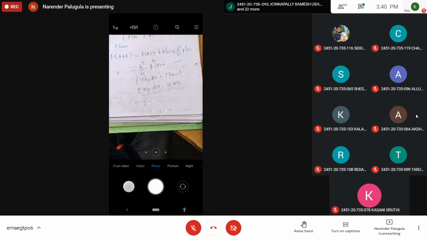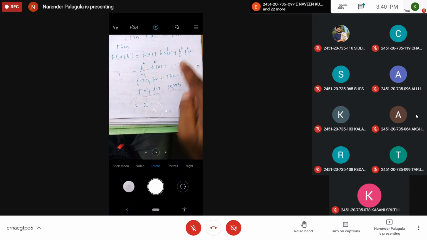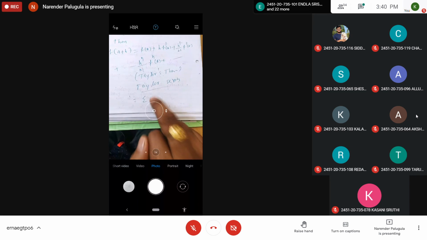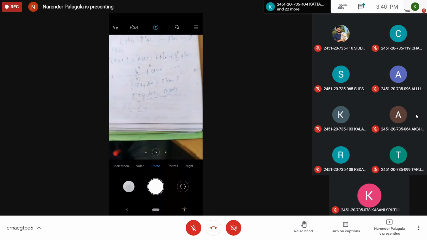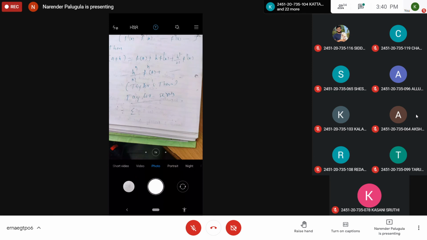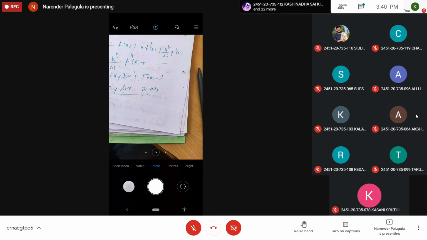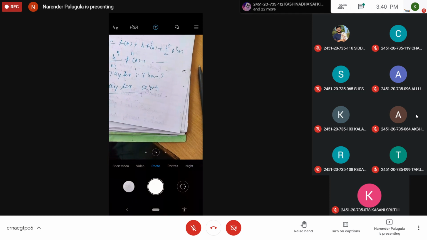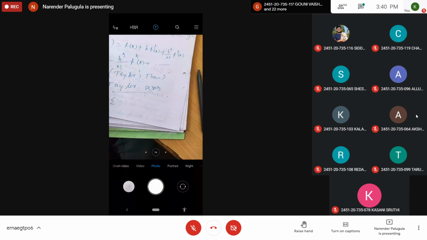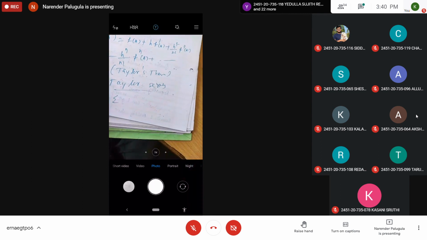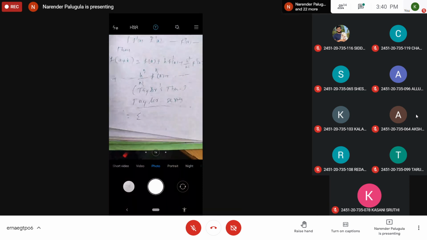Students, try to write this entire thing using a single term. Simply speaking, write the nth term. What is the nth term of the series?